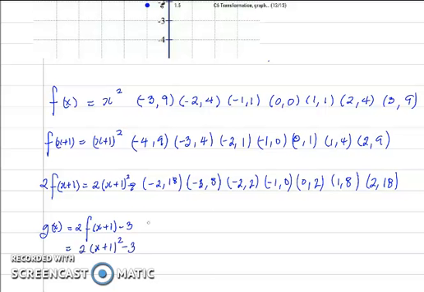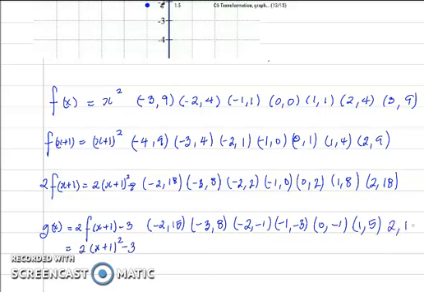The y coordinates are going to decrease by 3. So this is minus 3, 15, minus 3, 8, minus 2, minus 1, minus 1, minus 3, 0, minus 1, 1, 5, and 2, 15.